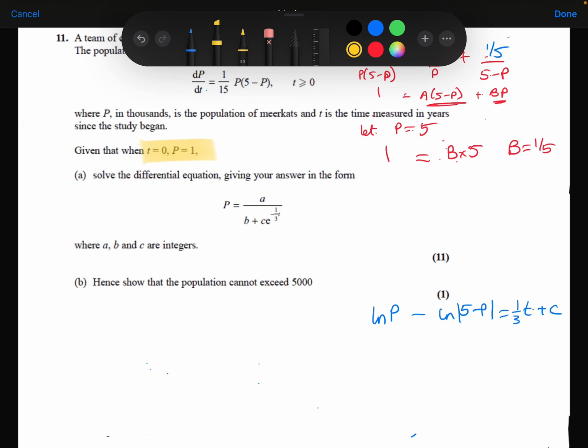So if we substitute that into this now, we'll get ln 1 minus ln 5 minus 1 equals 1/3 times 0 plus c. The ln 1 is just 0. 5 minus 1 is 4. 1/3 times 0 is 0. So we can see that c is -4.